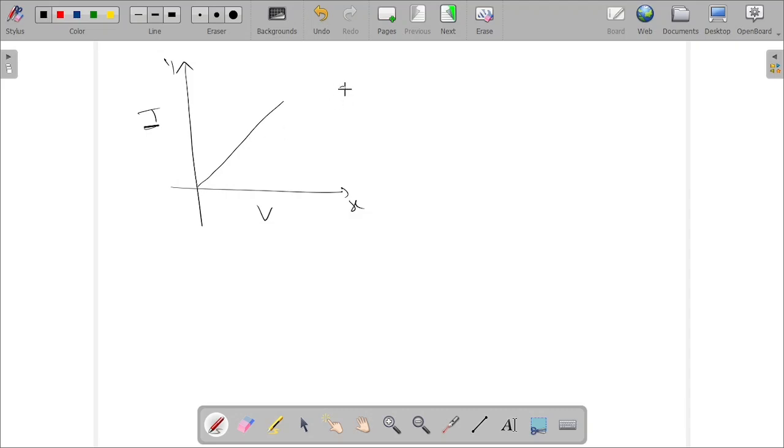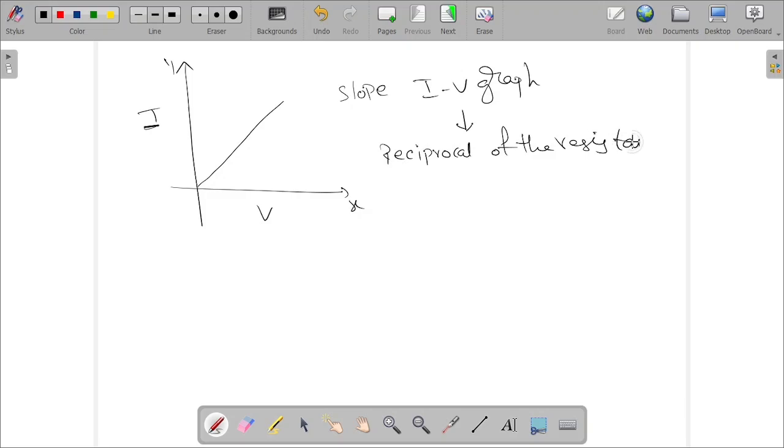The slope of the current-voltage graph gives the reciprocal of the resistance. How does the reciprocal of the resistance come?